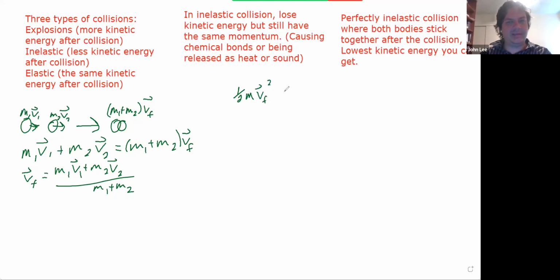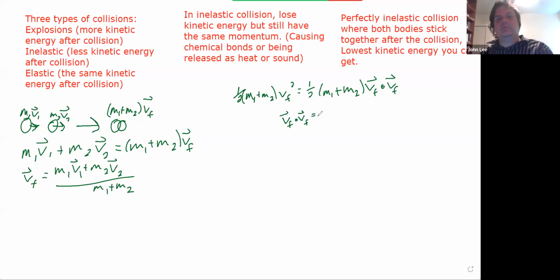One half M1 plus M2 times V final squared is equal to one half M1 plus M2 times V final dot V final, because V final dot V final is equal to V final x squared plus V final y squared plus V final z squared, because it's V final x times V final x plus V final y times V final y plus V final z times V final z.